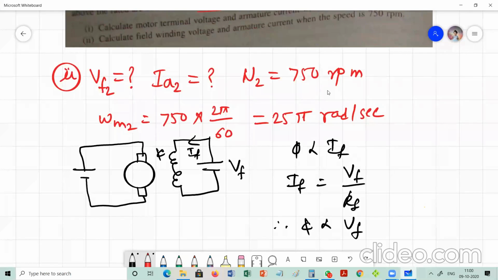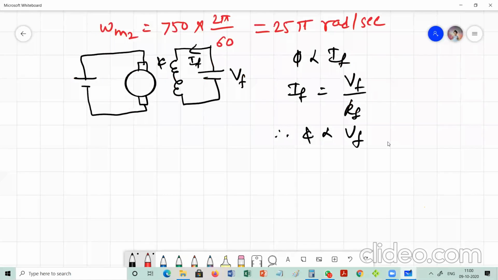Means to calculate field voltage, we have to calculate phi. Again we have to go for ratio, because the value of phi is not given.